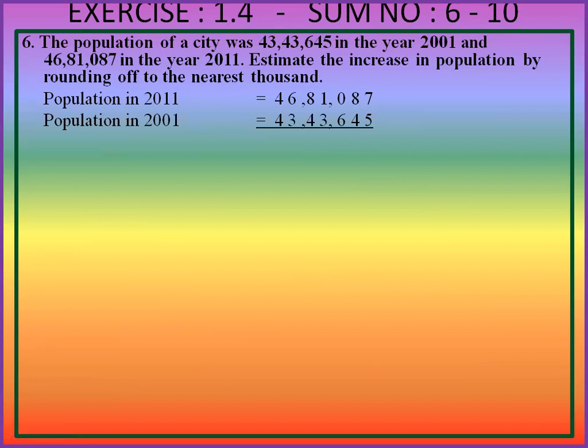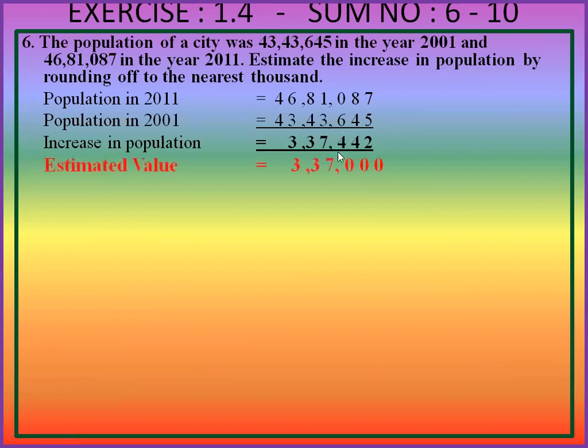To get the increase in population, let us find the difference in population. So you subtract both the numbers, you get 3,37,442. The estimated answer should be to the nearest thousands. So nearest thousands, you have to look at the number which is in the hundreds place. Since you have 4, you have to leave it as it is, ignore. So you get 3,37,000.